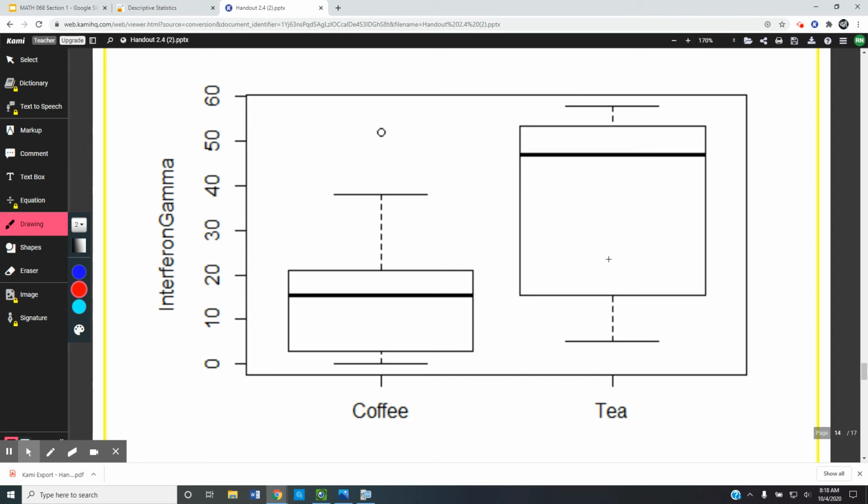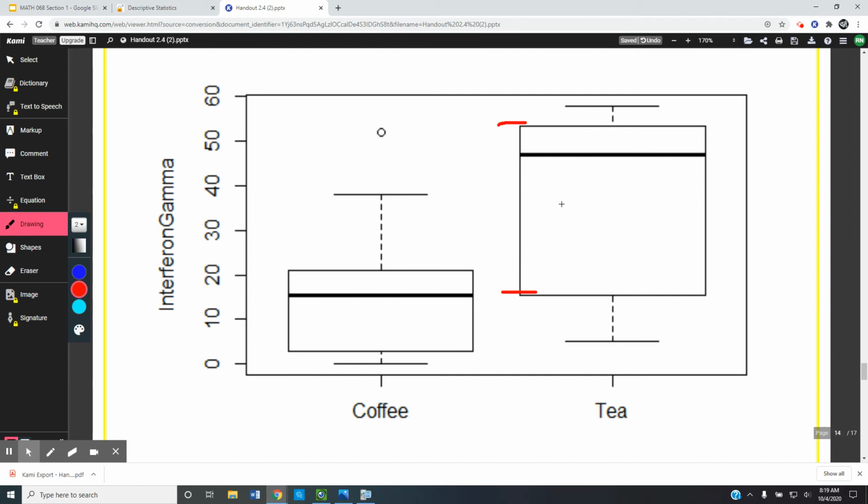The entire IQR of tea is nearly above the production of coffee, meaning that, because this box contains 50% from here to here, nearly 50% of that data is above this, and an additional 25%.